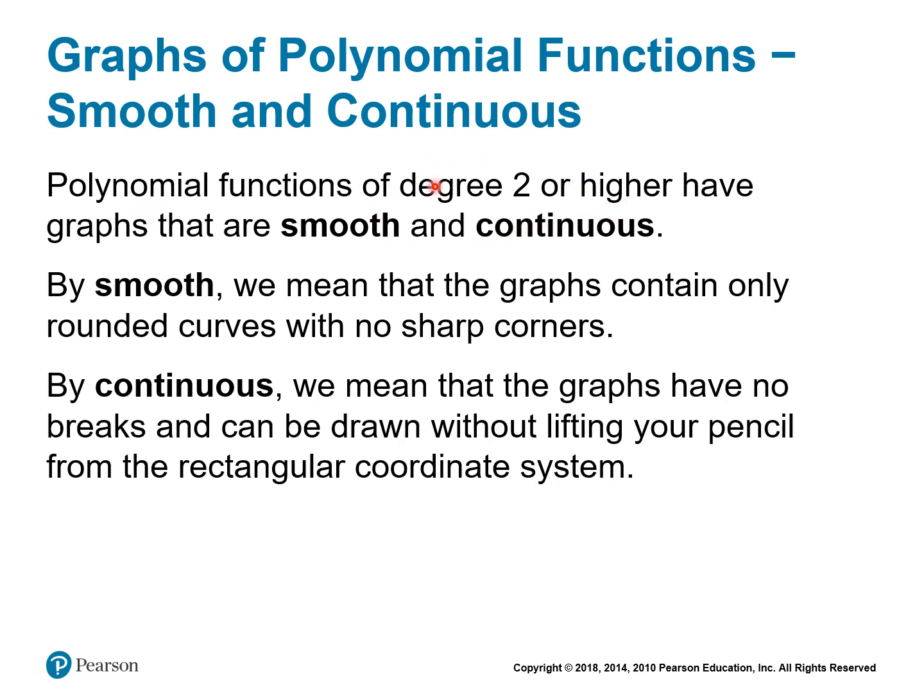Polynomial functions of degree 2 or higher have graphs that are smooth and continuous. So we'll go into understanding what we mean by smooth. By smooth, we mean that the graphs contain only rounded curves with no sharp corners.